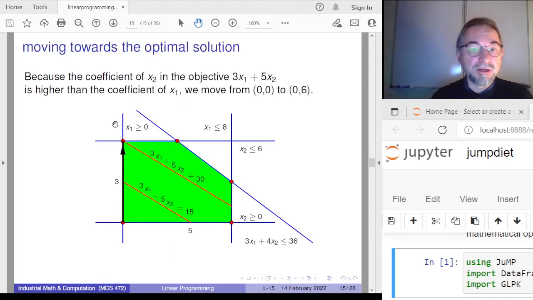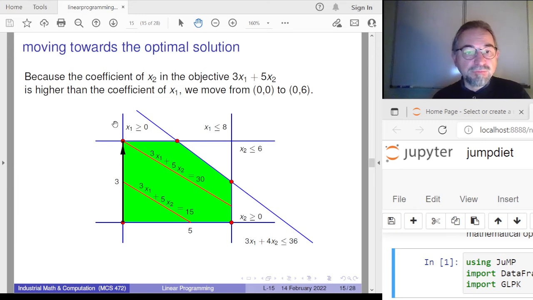Okay, so that's what we did. So we started at one corner. If you do production planning, there is most likely always a feasible solution that's doing nothing. So you're not producing anything. I think that's not really something that economists will like, but here for this model, it is a feasible solution.